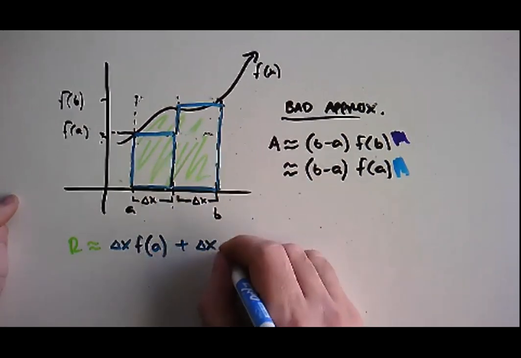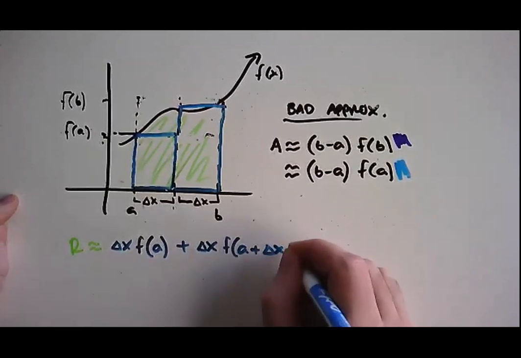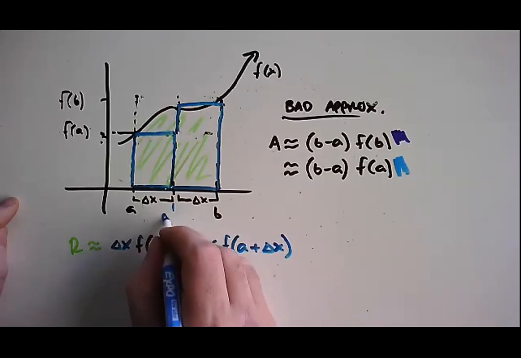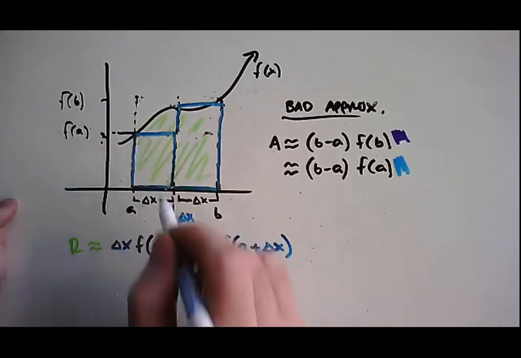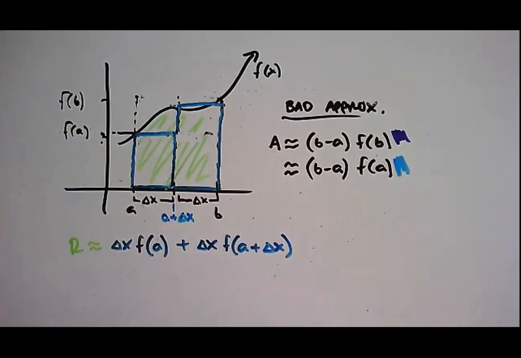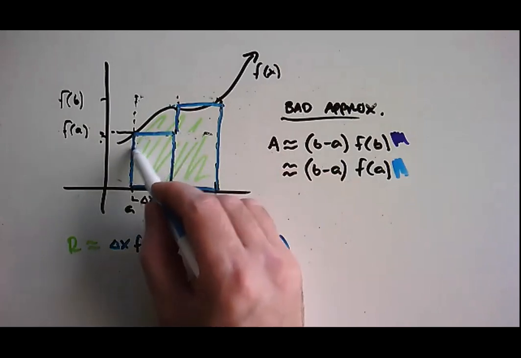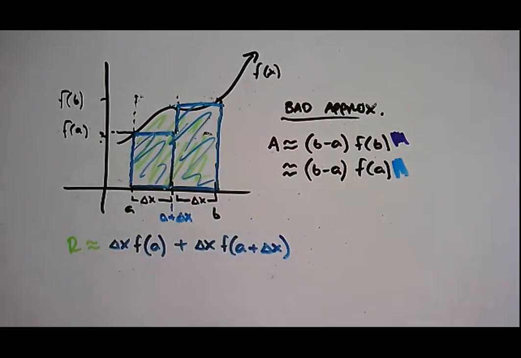I'm going to write it as f of a plus delta x. So this point right here is just a plus delta x, and its height would be f of a plus delta x. So what I've done then is I've used two blue rectangles to approximate the area, and that's what we call a left-hand Riemann sum.